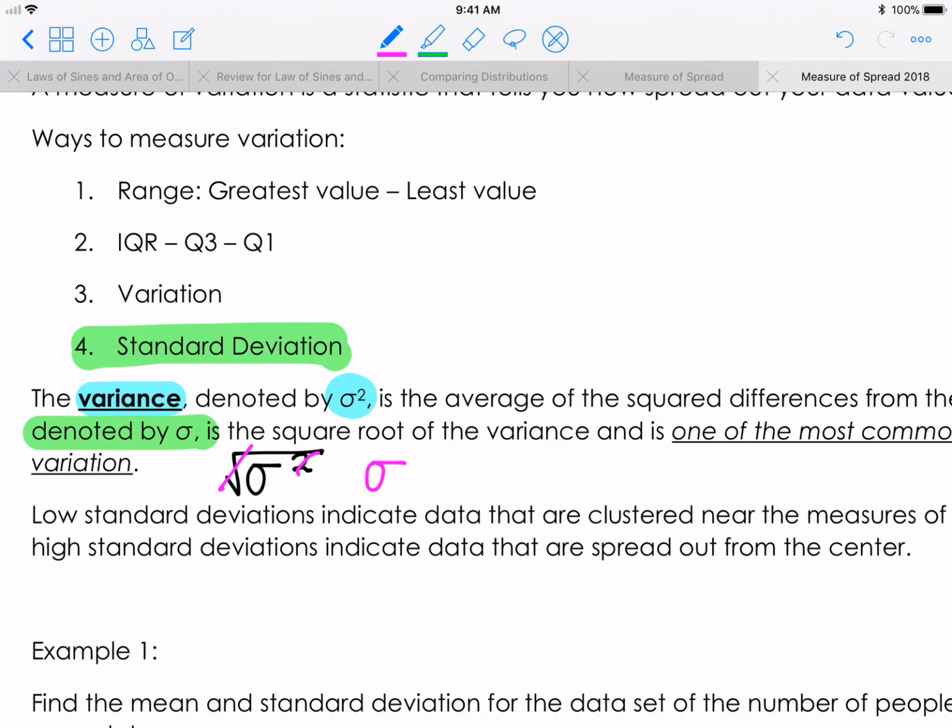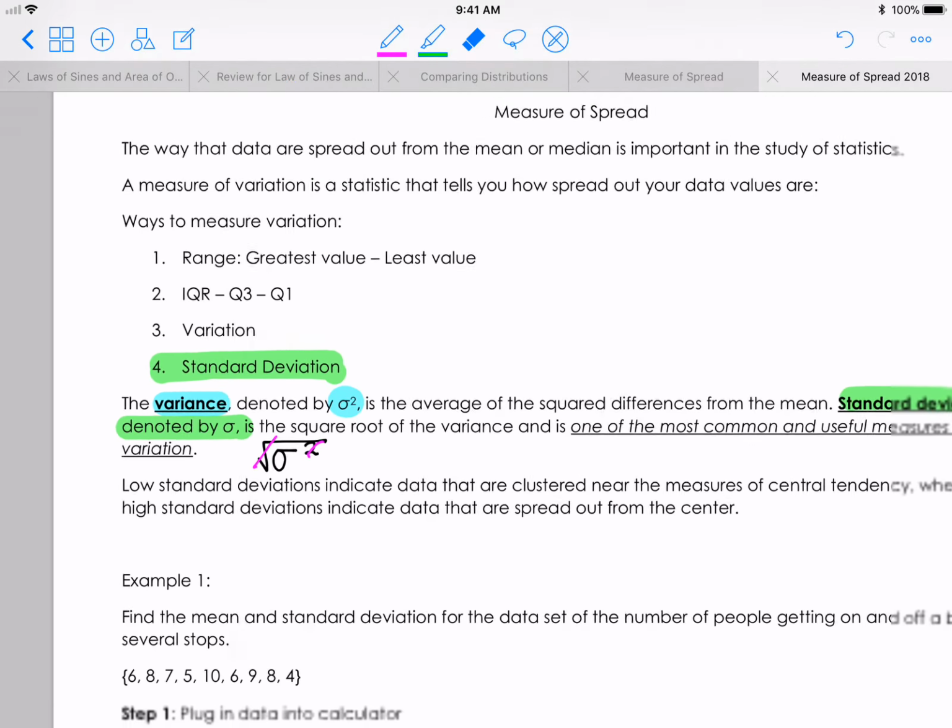If you wanted to go backwards, let's say you were given your standard deviation and it asked you for your variance, you could take your standard deviation and square it, and then it would give you your variance. Okay, so that's kind of just a side note for a second.